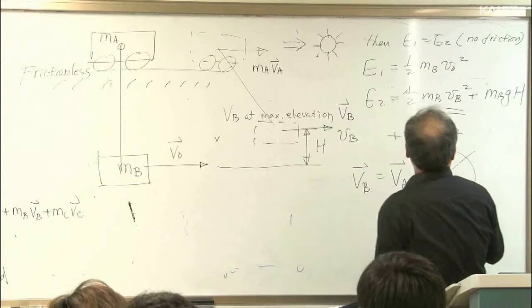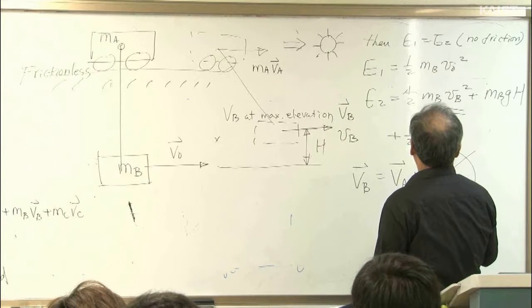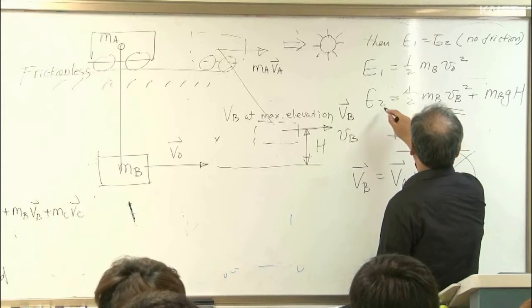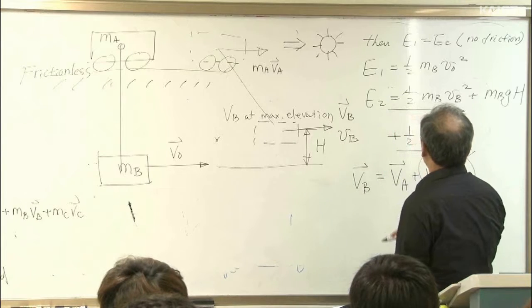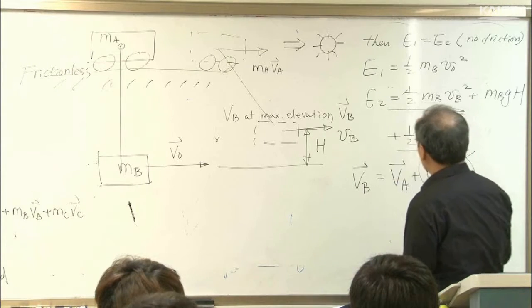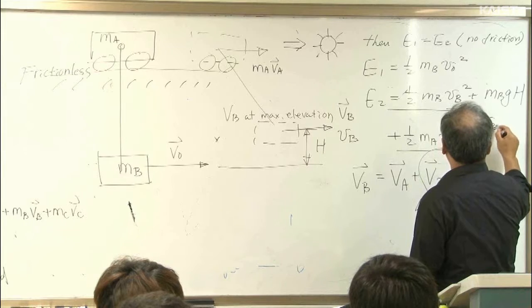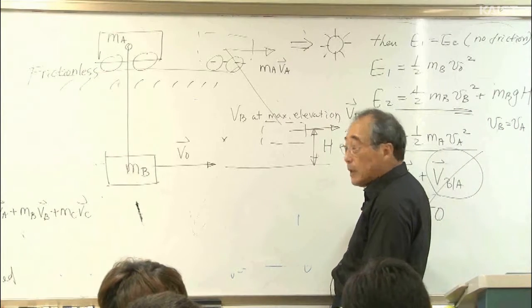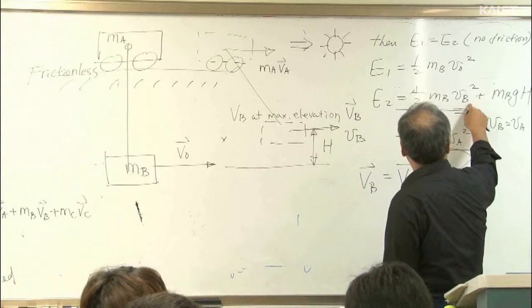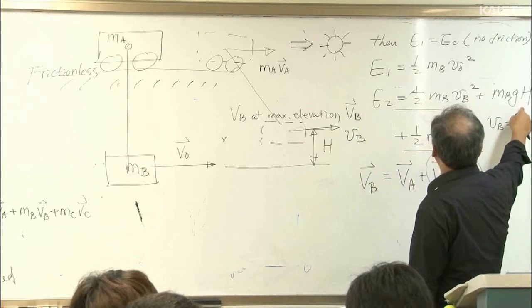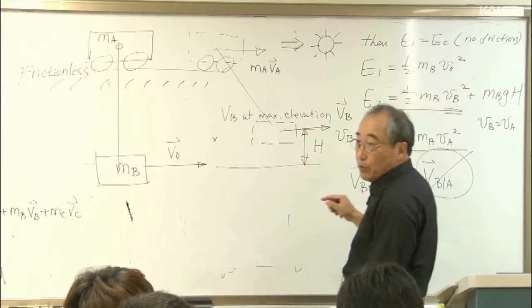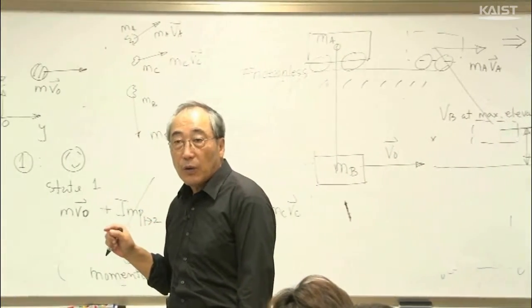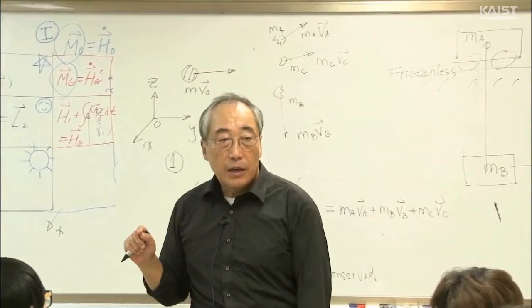Therefore, this is okay, and that is okay. Then immediately we can find that VV equal to VA over here. So we have VA, this is unknown. So we have one equation and 2 unknowns if I only apply the energy principle.